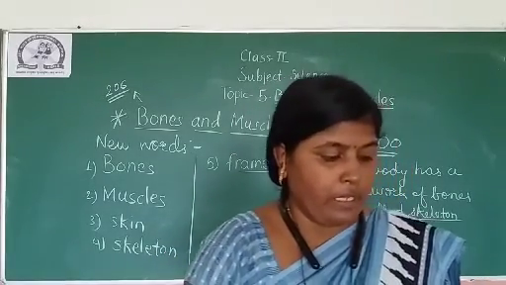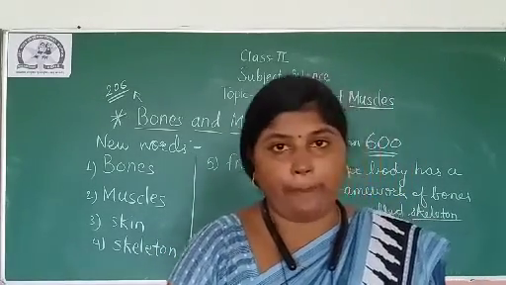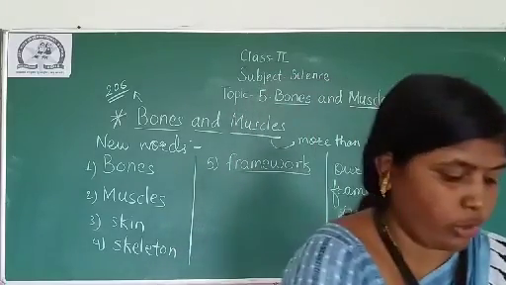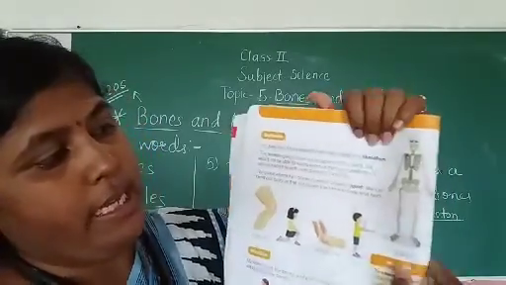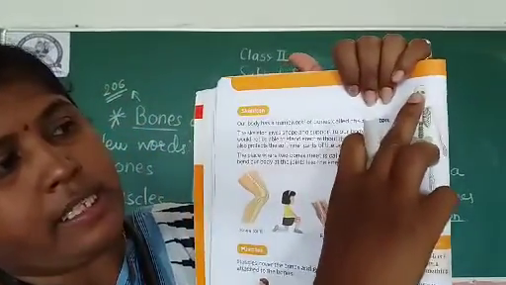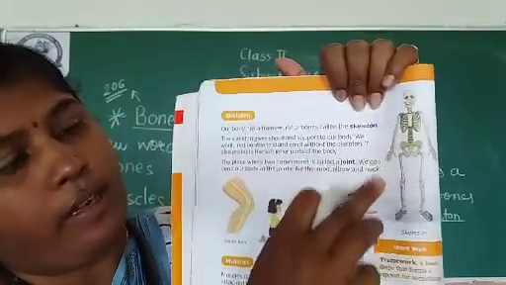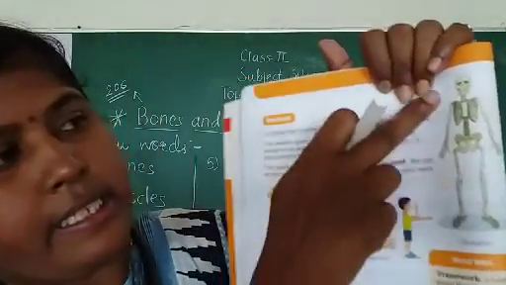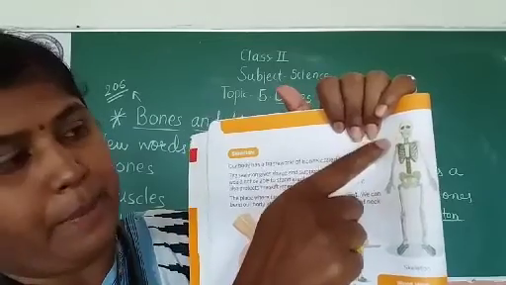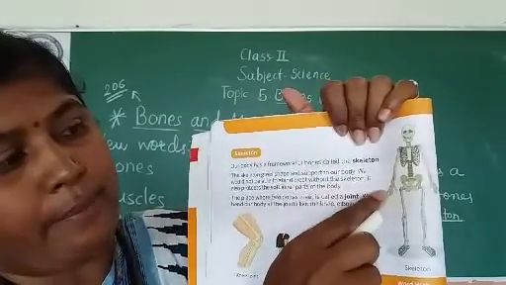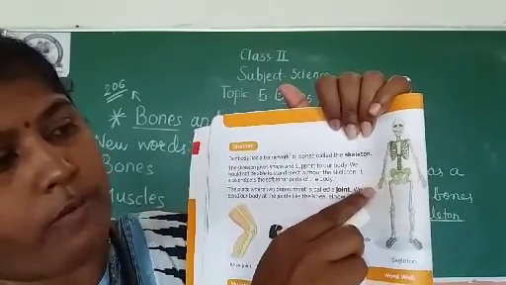Now the skeleton gives shape. I am going to show you the diagram or figure of the skeleton. See, this is a skull, and inside it the brain is present. This is an arm, and these are the bones of the arm.